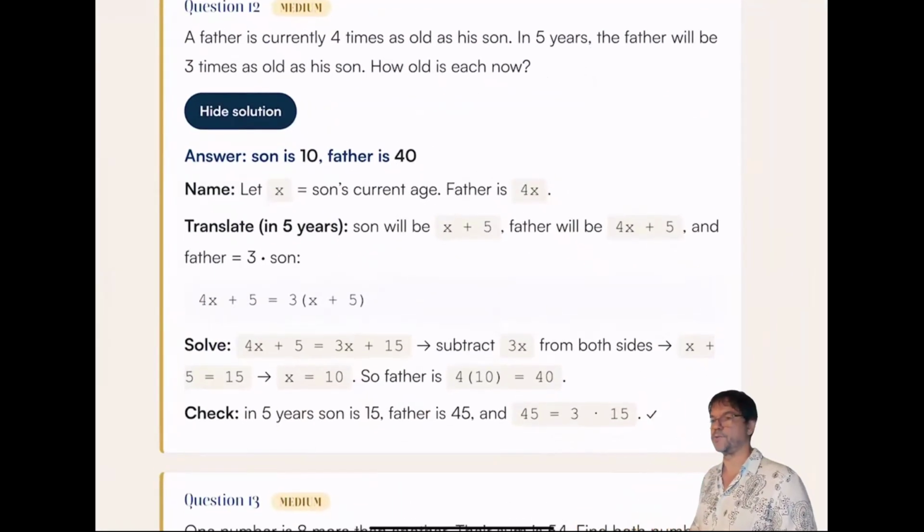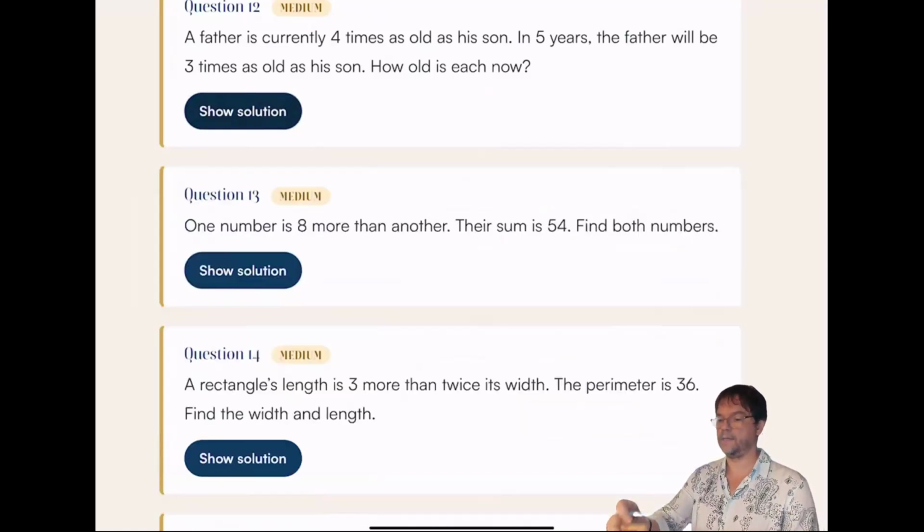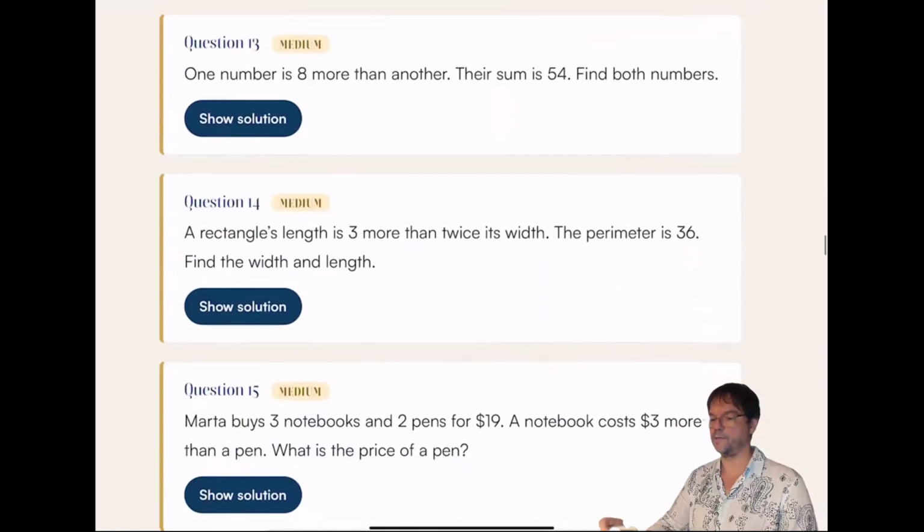Here's the whole solution, the whole explanation, okay? You really need to study, okay? Let's go to the next one.